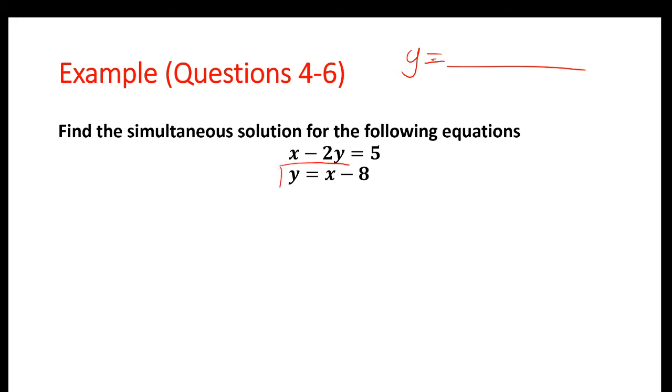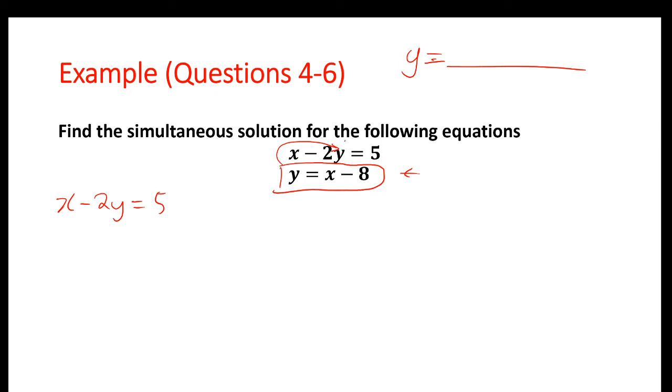So in this case, we've got y is equal to x minus 8, and I'm going to put it in replacement of that y. So I'm going to write out my equation again. 2y is equal to 5. Now you don't actually have to do this step, I just do it because I like it. Now wherever I see a y, I'm replacing it with x minus 8, because remember y is equal to x minus 8.